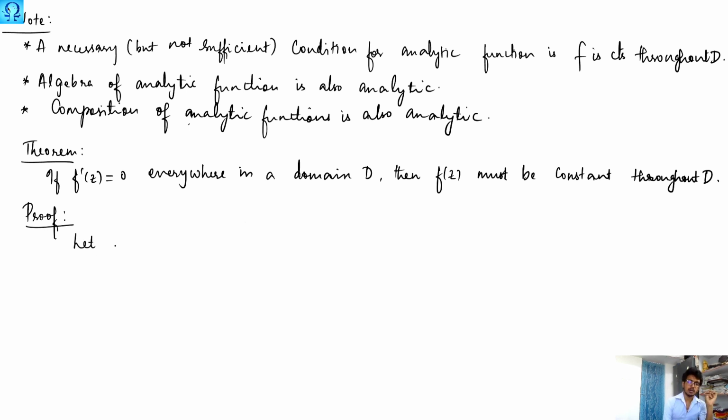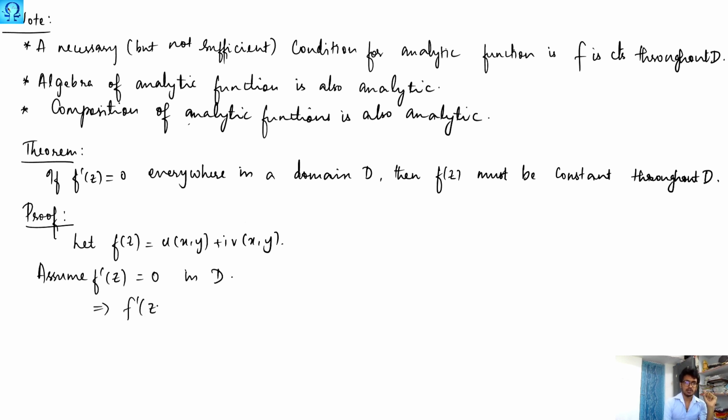So let us take our f of z to be u of x,y plus iota times v of x,y. Let us make our assumption that f prime of z is 0 in the given domain D. So f prime of z takes the form u_x plus iota times v_x, by the sufficient condition of differentiability.